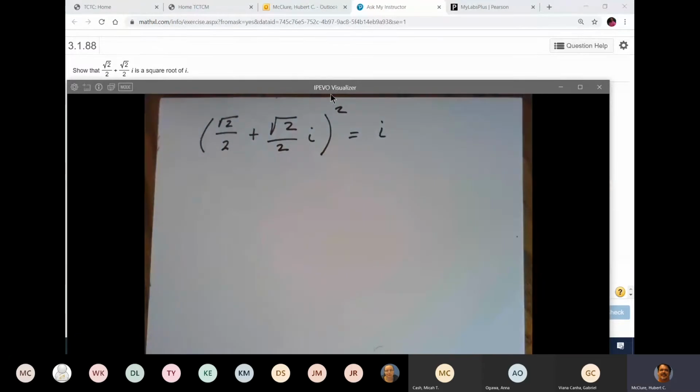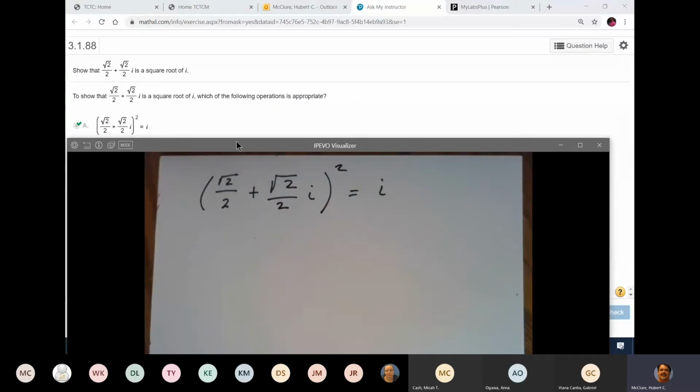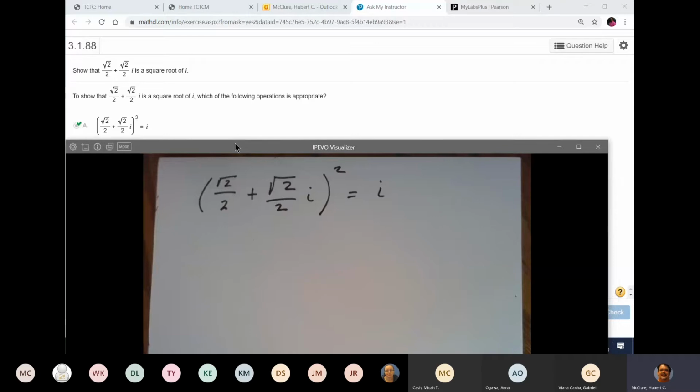Okay, that's what they're wanting you to prove. All right, they even say it right there. So that's how you start the problem out. Use the FOIL method to do that right there.